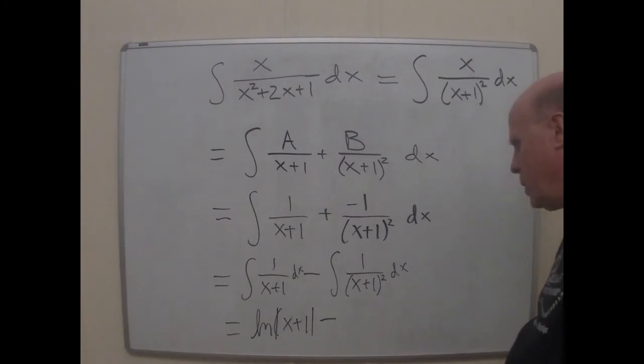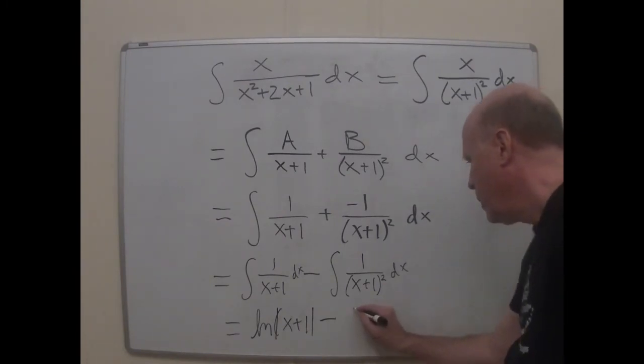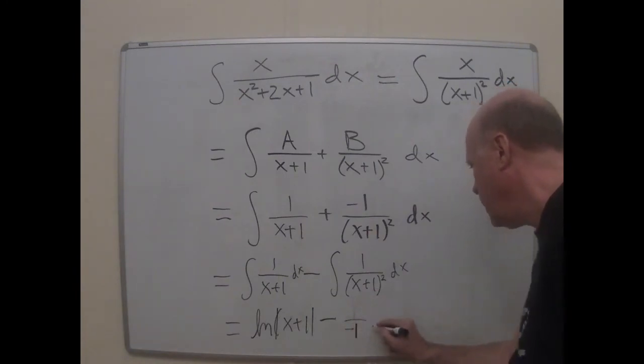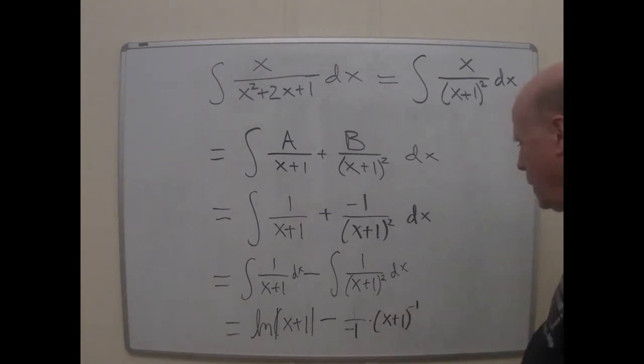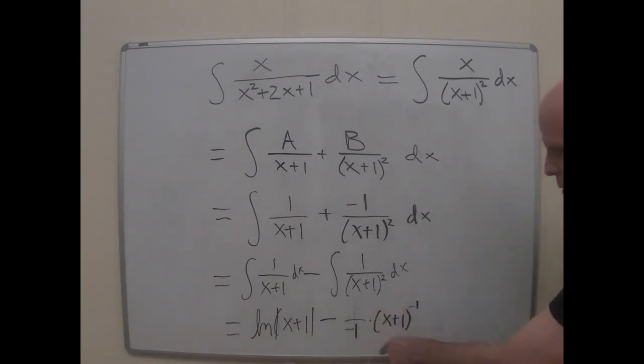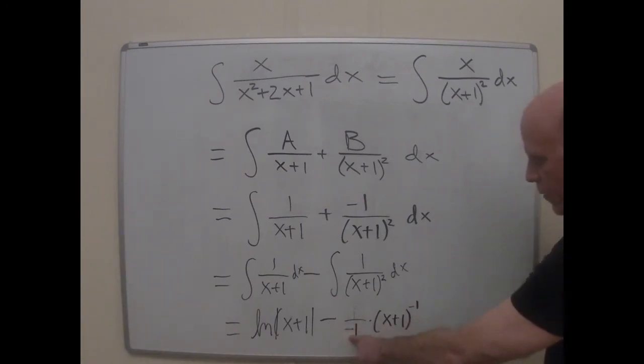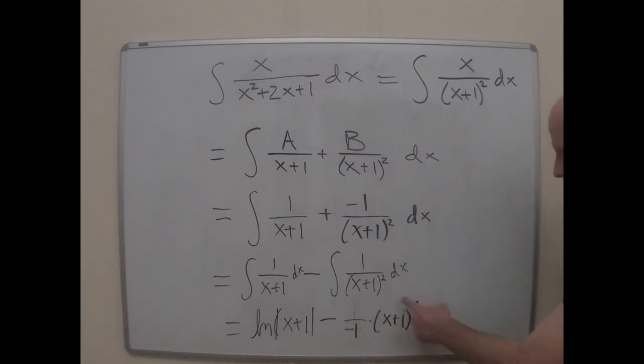When you add 1 to the power, you get negative 1. So we'll have 1 over negative 1 times u to the negative 1. That's kind of a silly way to write it. We've got two minus signs, so we're adding 1 over x plus 1. Let me just copy it in over here so that we don't have to do a whole new screen.